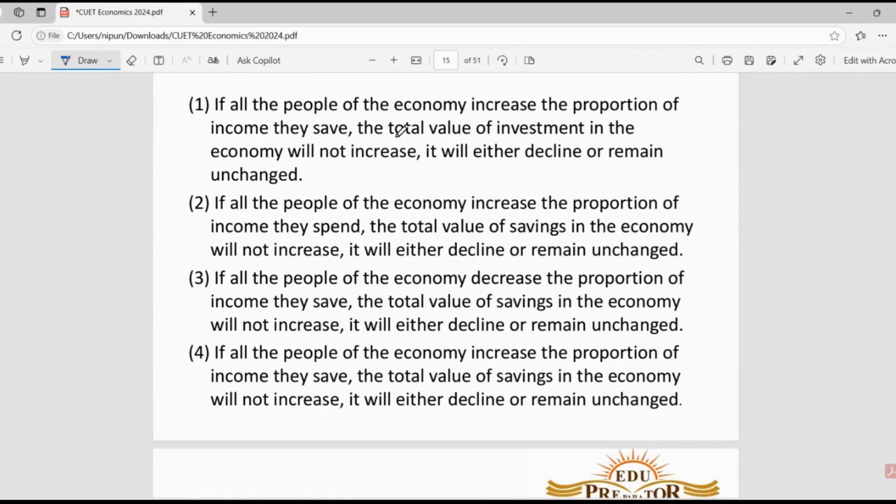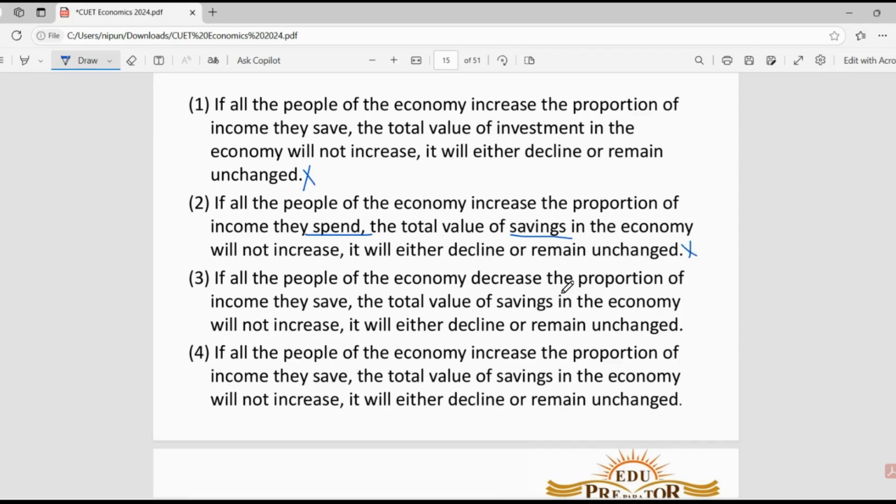Now, the first statement is talking about saving and investment, which is incorrect. If all the people increase the proportion of income they spend, that is, they are talking about spending and saving, the total value of the saving will not increase if they tend to spend more, that is, save less. No, this is also incorrect.